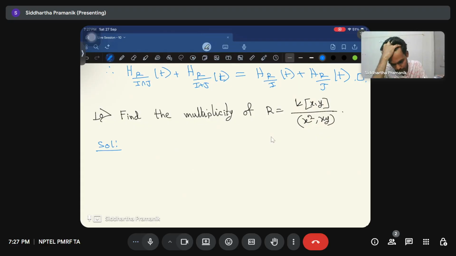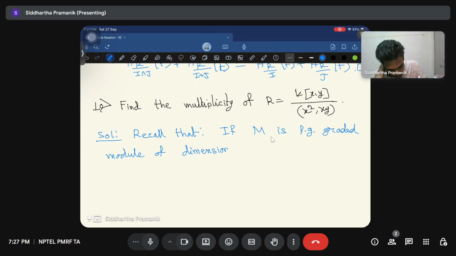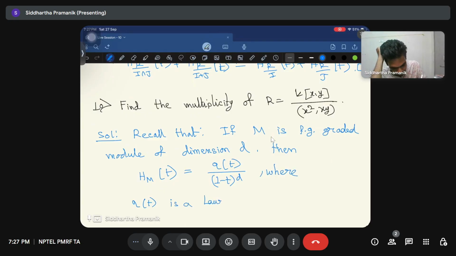So recall that if M is a finitely generated graded module of full dimension d, then its Hilbert series H_M(t) can be written as some q(t) divided by (1 minus t) to the power d, where this q(t) is a Laurent polynomial and q(1) is not equal to 0.